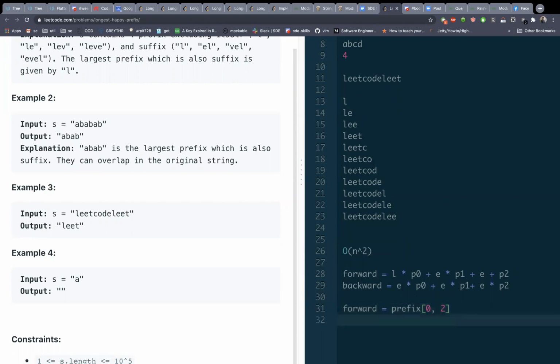Now if I want to check whether this is a suffix or not, then I will also have to calculate a hash which will be the hash of suffix n minus 3 to n minus 1. Does it make sense?